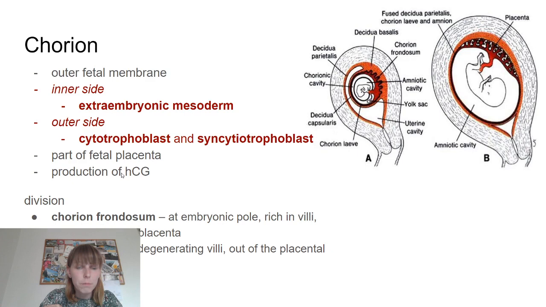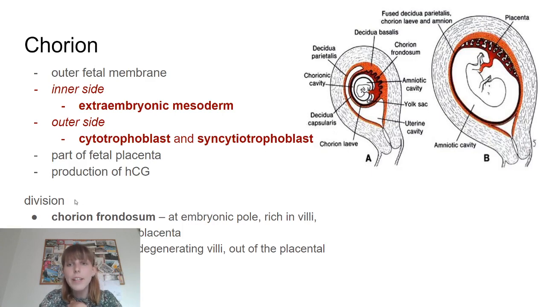When the egg gets fertilized, all of this happens and the chorion starts proliferating. It starts producing hCG, which is also the hormone that is often measured in pregnancy tests. So this is the hCG that the over-the-counter pregnancy tests usually use for detection. It inhibits the degeneration of the corpus luteum, and therefore the gestation can continue.